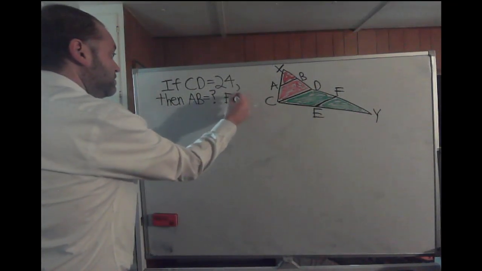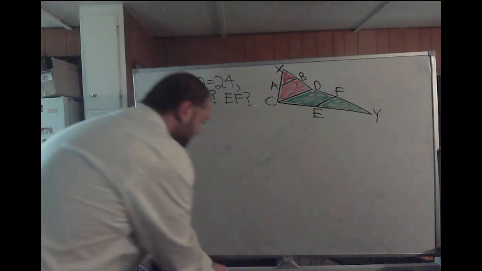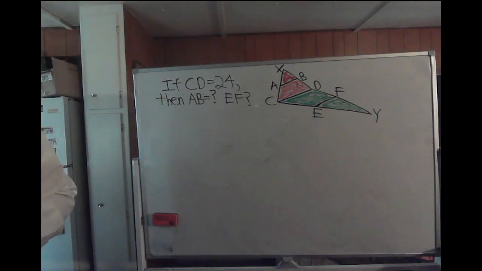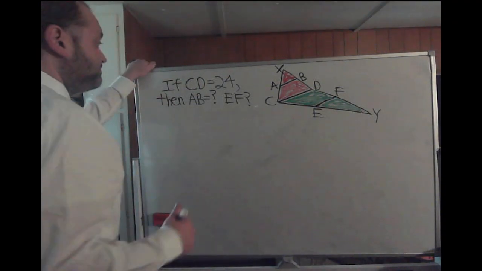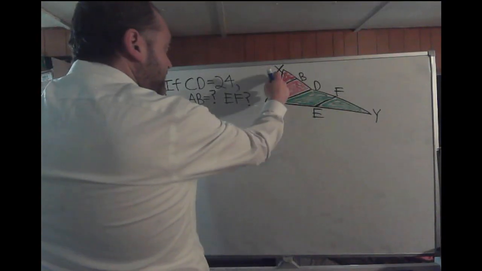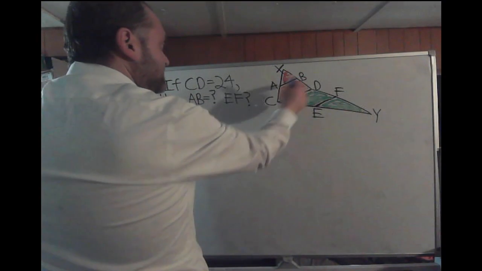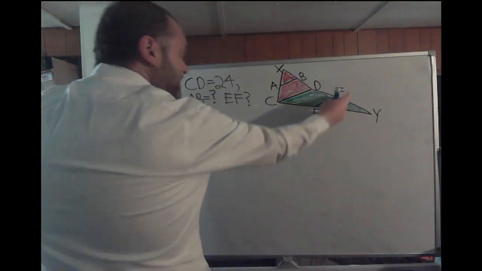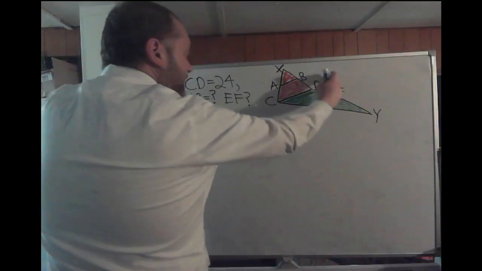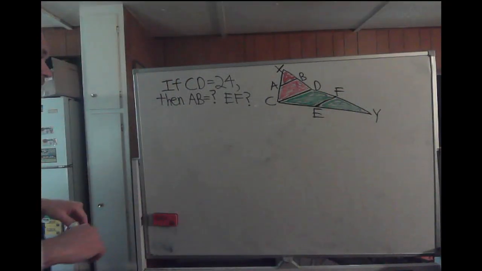We also need to figure out EF. We're given that the line AB contains the midpoints of XC and XD, and the line EF contains the midpoints of YC and YD.